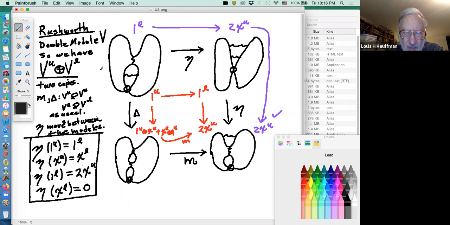X upper goes by delta to X upper tensor X upper, which goes by multiplication to 0, right? That's the Khovanov algebra. We're in the Khovanov algebra, X squared is 0.